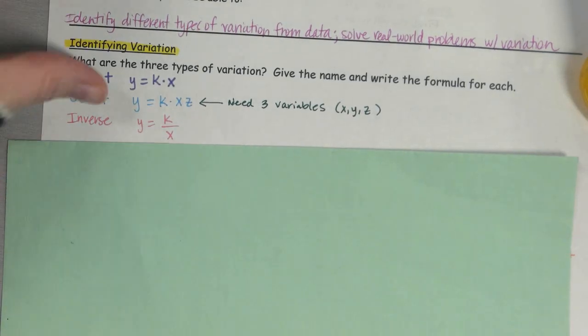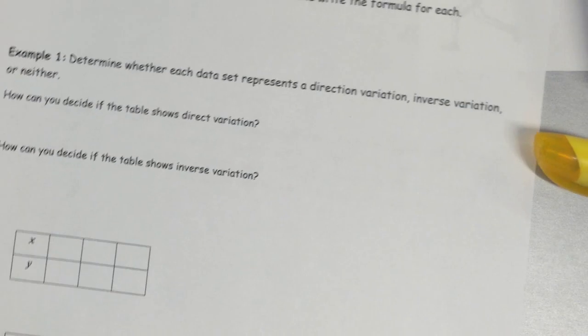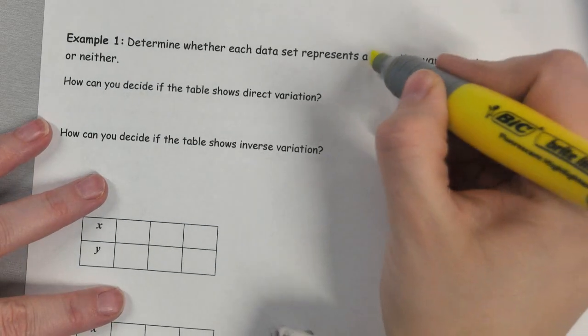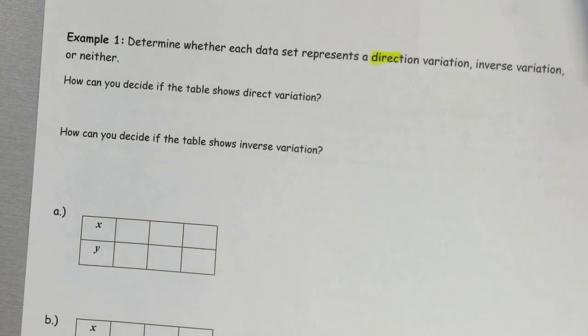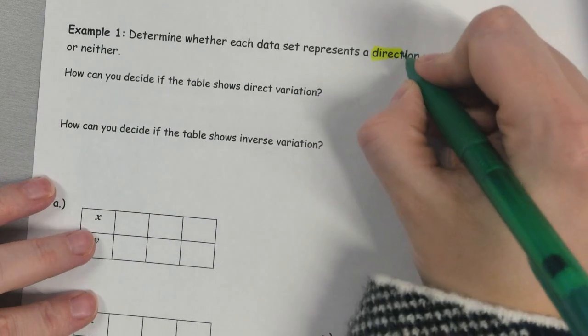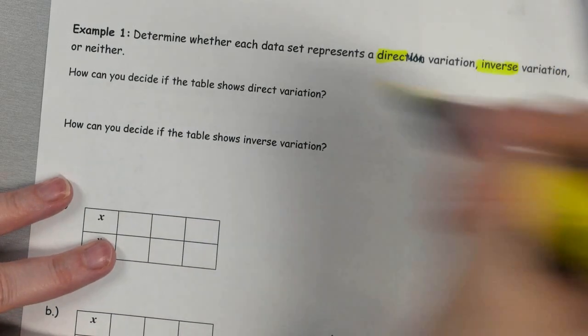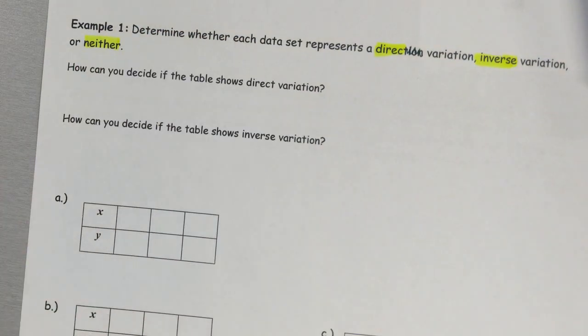So we're going to keep these in mind, and it's actually going to be similar to what we did earlier with tables. Okay, so this would say direct, not direction. So direct variation, inverse, or it could be neither, okay?